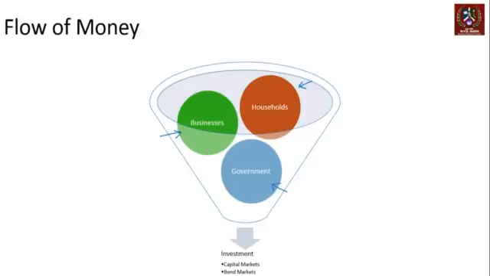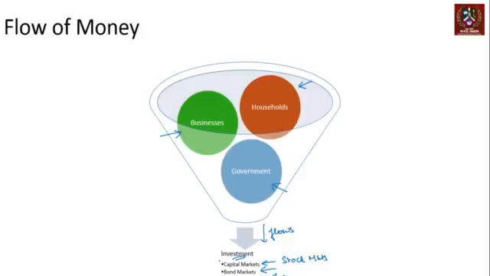All of them pool together their resources, and this money flows in the form of investments into capital markets, which are essentially things like stock markets, into bond markets where someone would be raising this money that these entities have given them, and into other asset markets like real estate markets or commodities markets, etc.